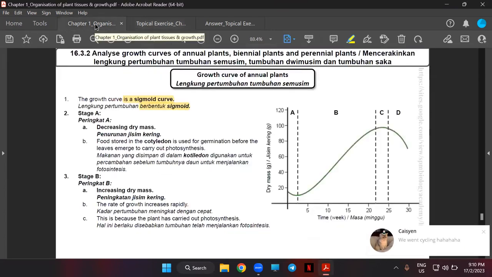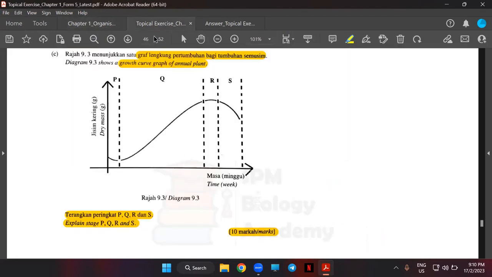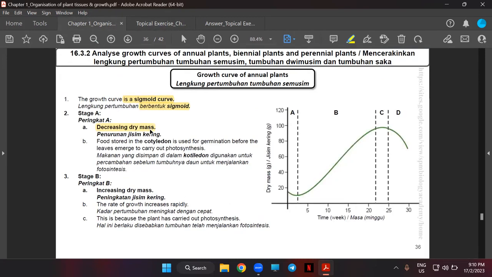Kita tulis yang ini. Jawapan pertama, decreasing, okay, dia tunjuk dry mass. Decreasing dry mass. Penurunan jisim kering.